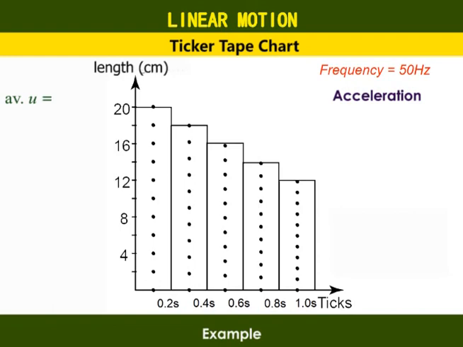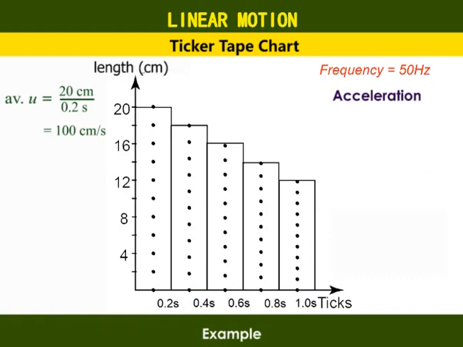The displacement here will be the length of the strip, which is 20 centimeters. Time taken is 10 ticks times 0.02 seconds, giving us 0.2 seconds. So the average velocity will be 20 centimeters over 0.2 seconds, giving us 100 centimeters per second.